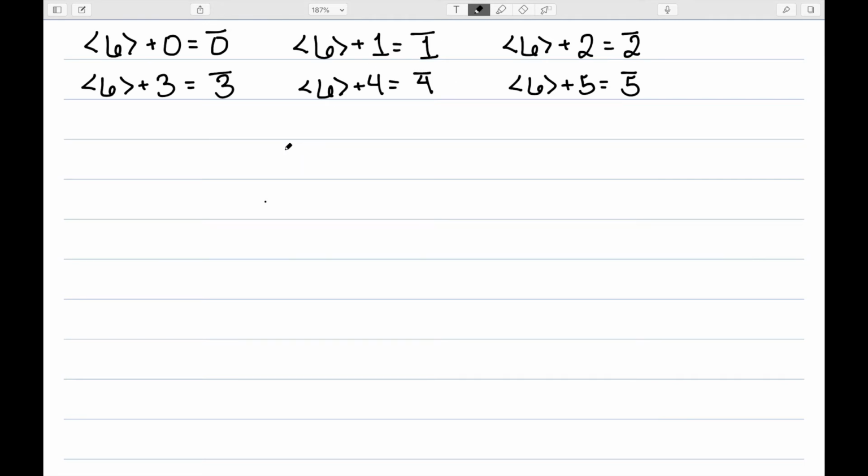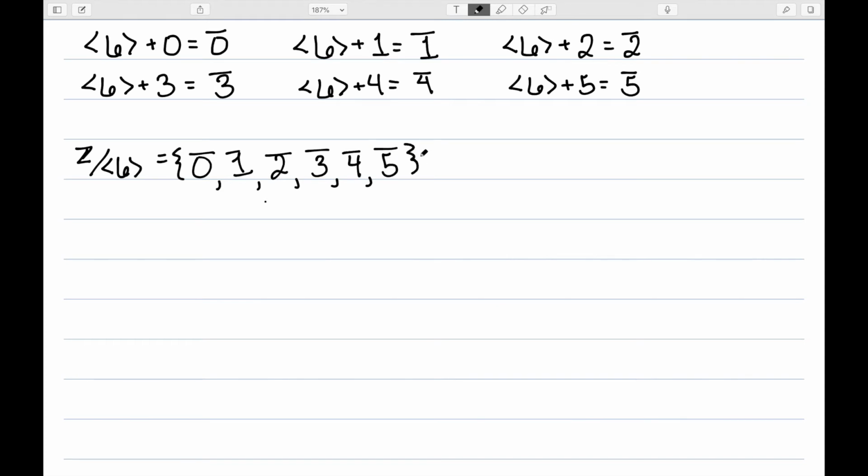The bar is just a shorthand quick notation to remember that we are talking about cosets instead of just these normal numbers. So that tells me that Z mod the subgroup generated by 6 consists of 6 elements: 0 bar, 1 bar, 2 bar, 3 bar, 4 bar, and 5 bar.